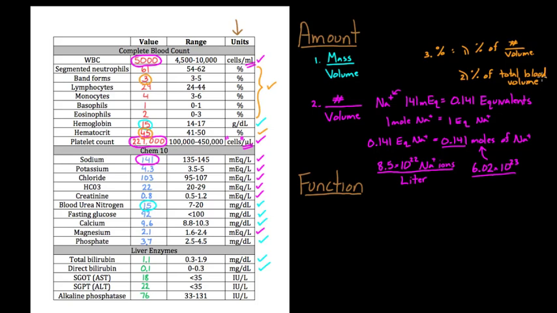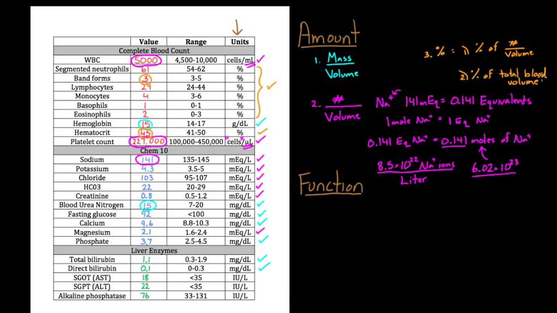And the rest of that fluid would be mostly water, of course, but in that water would be proteins and immunoglobulins and all sorts of things that help us stay healthy. So that percent represents just how much of my total blood volume is taken up by red blood cells. That's what that number is.